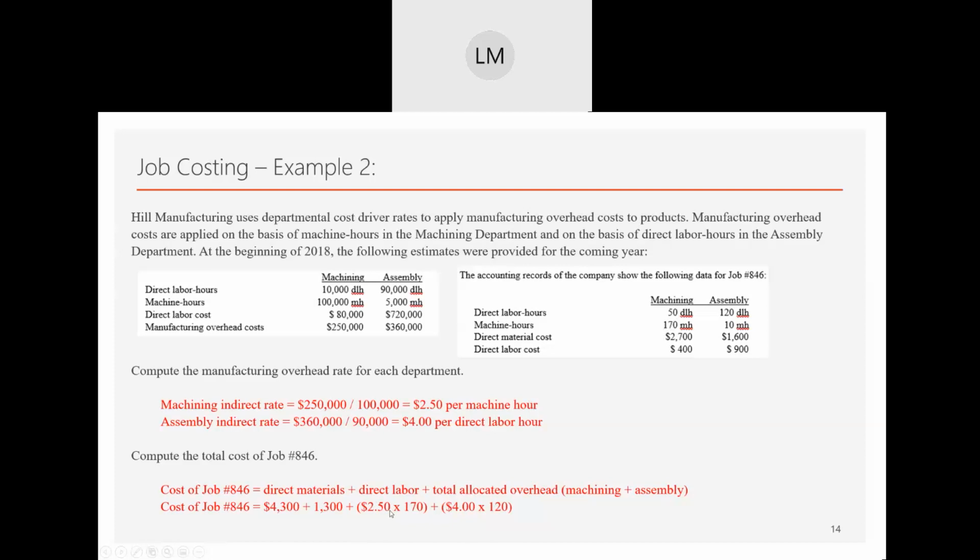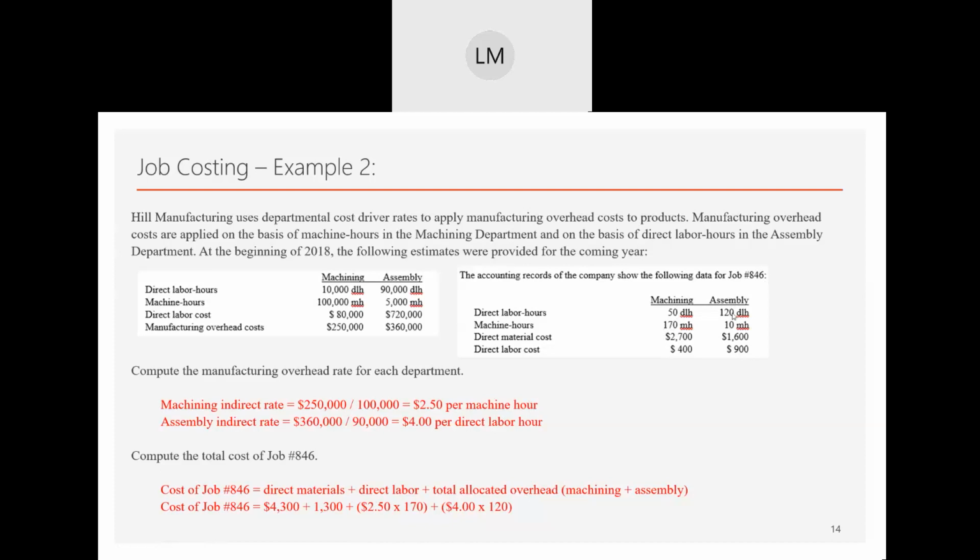But are my products completed? No, they go to the assembly department. So in job 846, I'm going to allocate overhead on the basis of $4 per direct labor hour. So at $4 per direct labor hour, how many direct labor hours did I incur in the assembly department? Well, I incurred 120 direct labor hours.